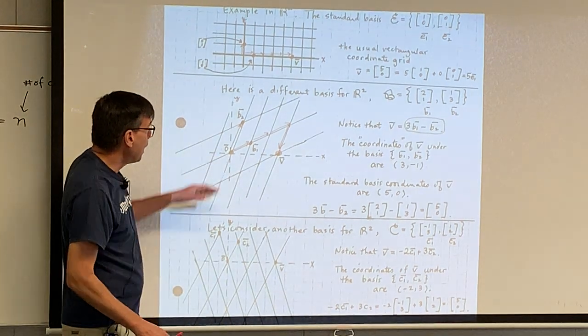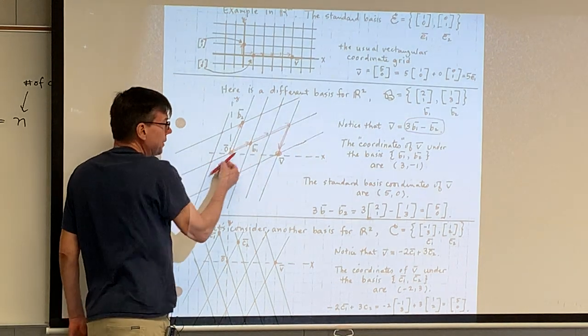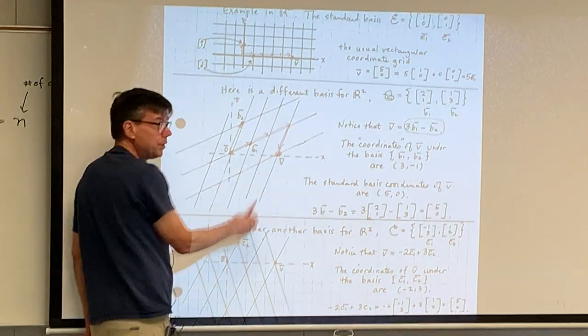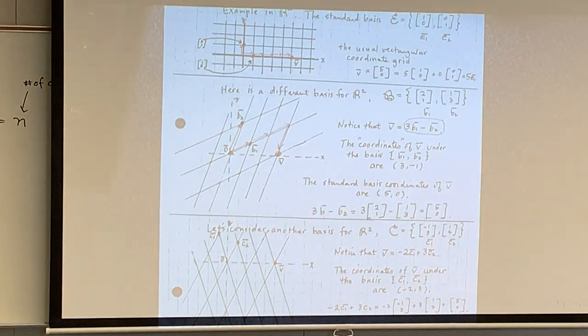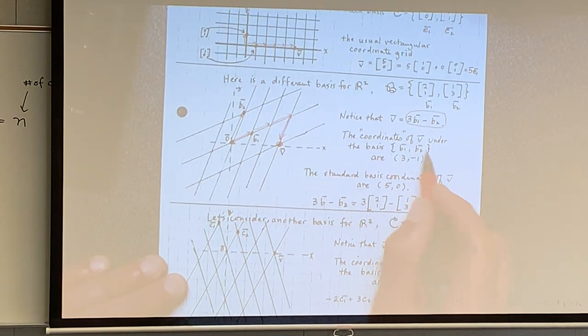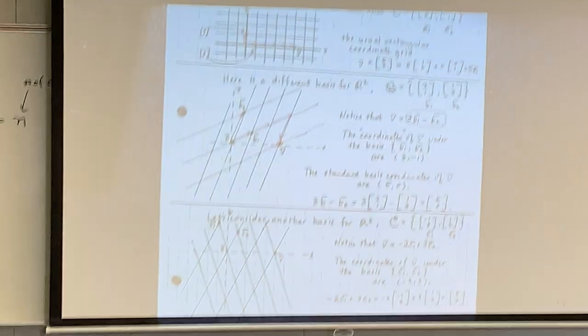So if you move parallel to B1 are copies of B1. Even though I'm way over here, I'm moving parallel to B2 in the opposite direction, that negative 1. And if you check out the coordinates add up. So under this basis, B1, B2 basis, we say the coordinates of V are (3, -1).